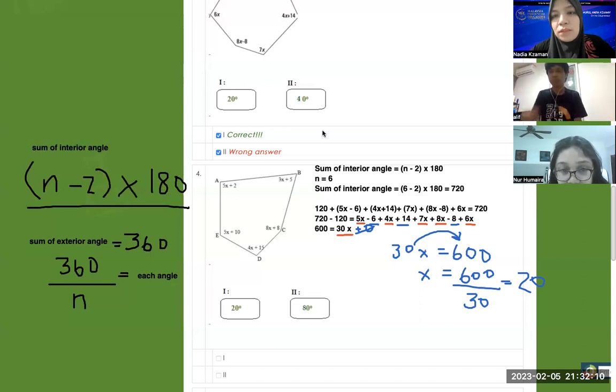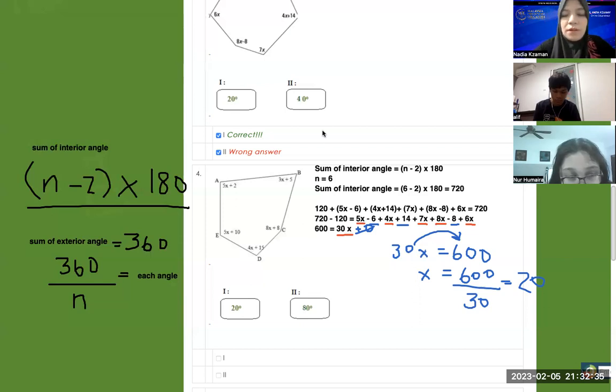I got 35, 50... 2 plus 5 plus 8 is 15, 20, 30, 40. That is 40. Is it correct? Yeah. So you get 40.